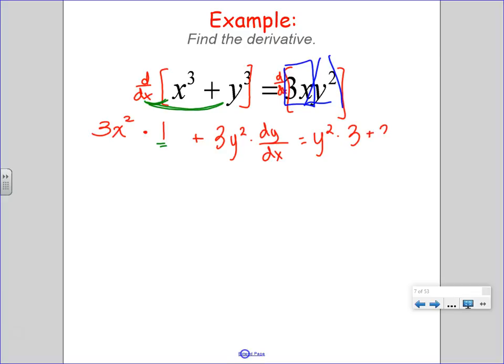Plus first, now what did you get? 2y dy dx. I totally agree. Bring down the 2, make it a 1, keep the y the same, times y prime, times inside prime. The variables don't match, the y with the dx, so I need a dy dx.